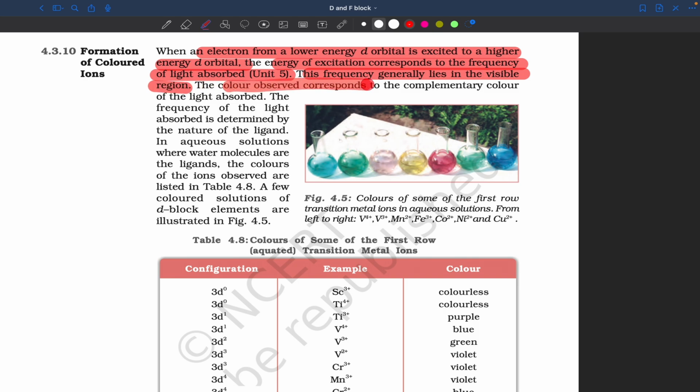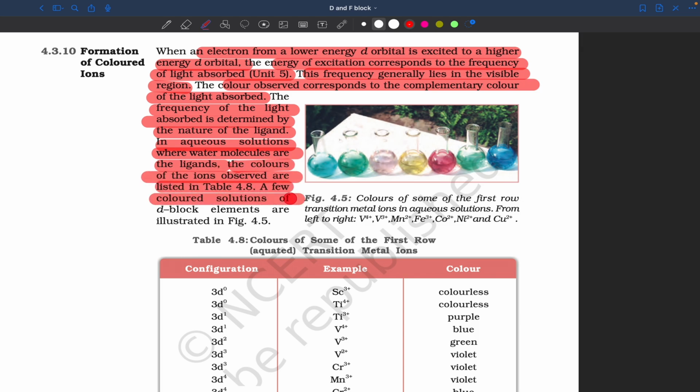The color observed corresponds to the complementary color of the light absorbed. The frequency of the light absorbed is determined by the nature of the ligand. In aqueous solutions, water molecules are ligands. The colors of the ions observed are listed below.